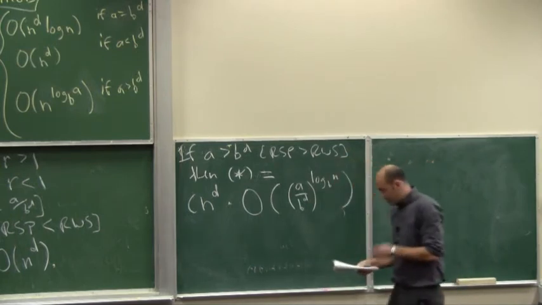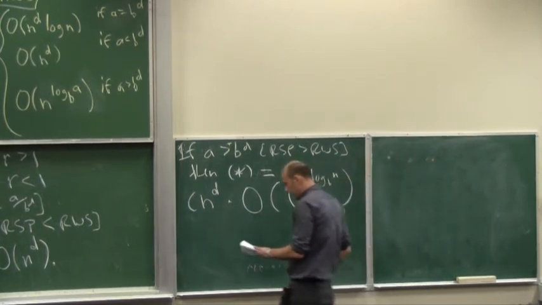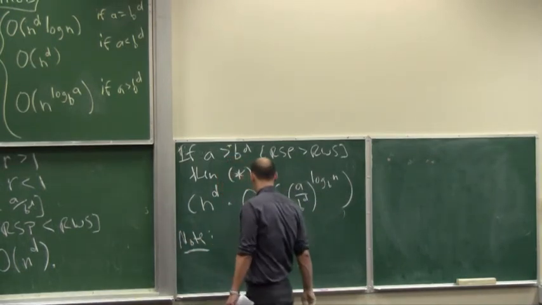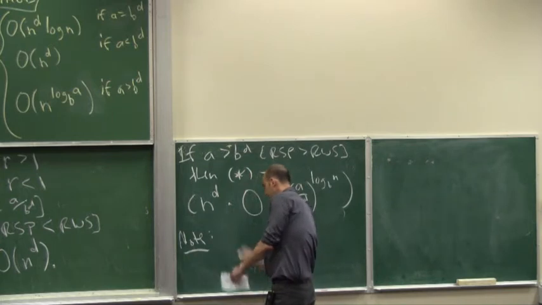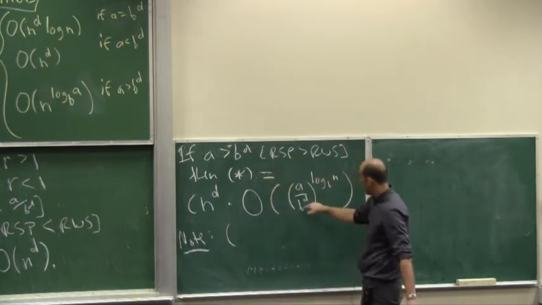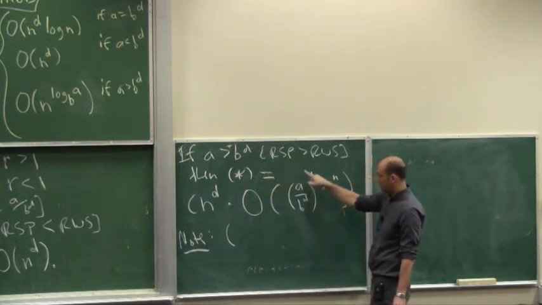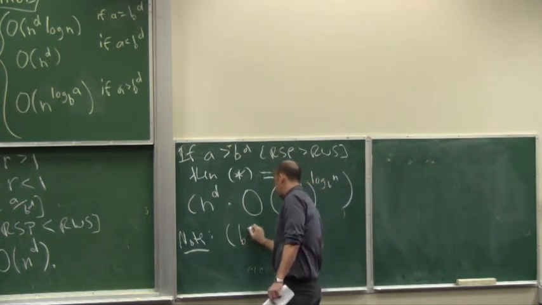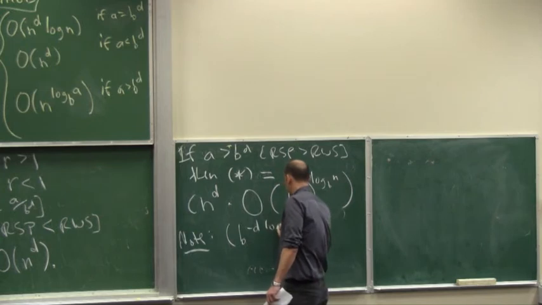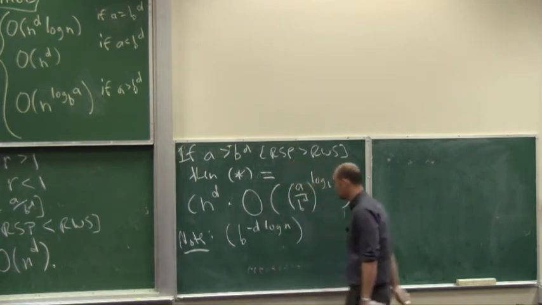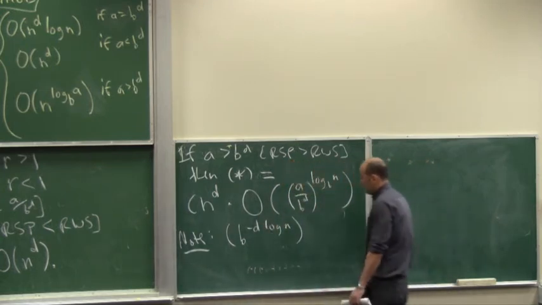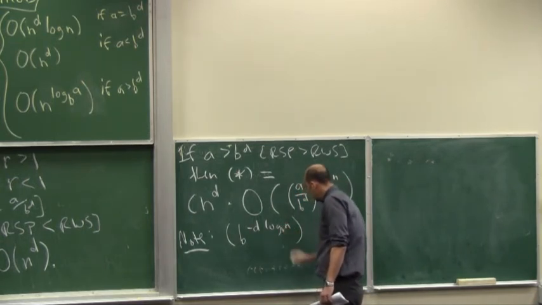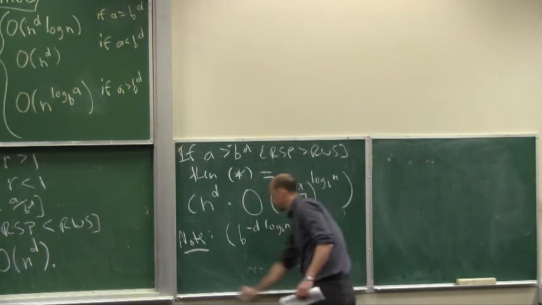So let me simplify this a little bit more so it has some meaning for you. First, here's something lucky. Let's just focus on this part, the reciprocal of B to the D raised to the log base B of n. So that is B to the minus D log base B of n. So let me take this D outside.